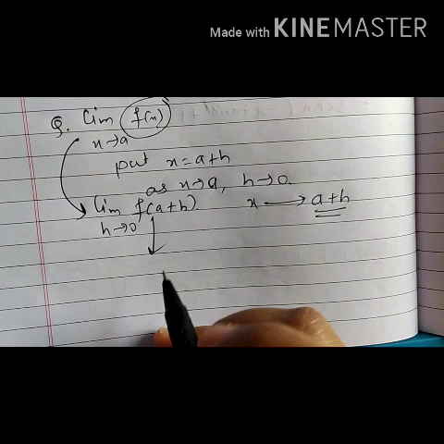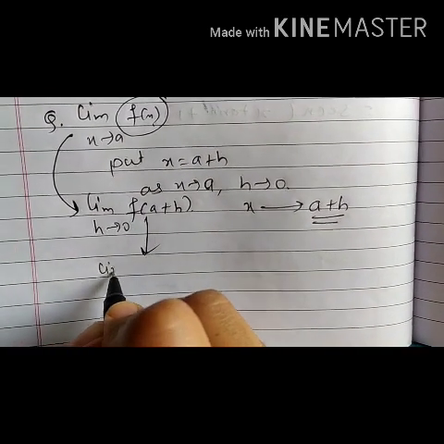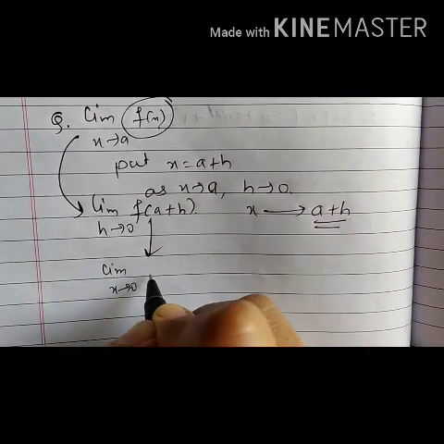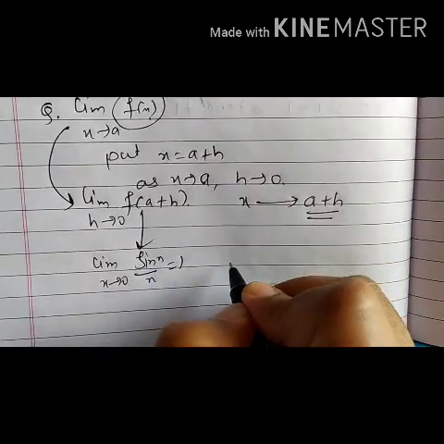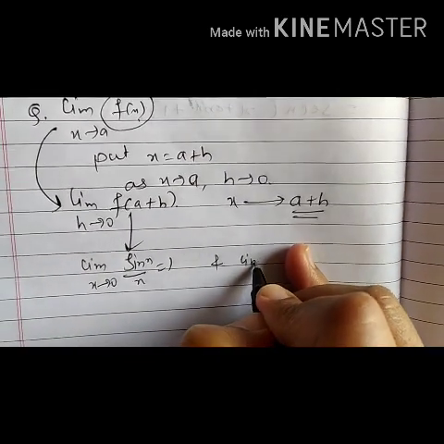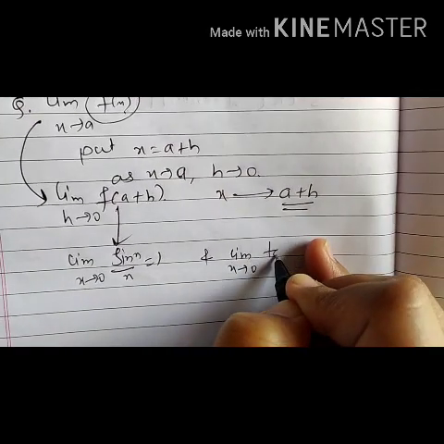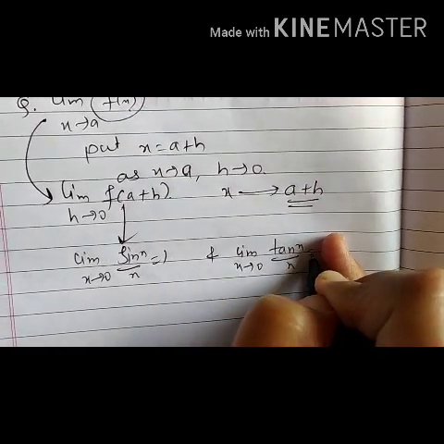Now the small change here. We know that limit as x tends to 0 of sine x upon x equals 1, and limit as x tends to 0 of tan of x upon x is also 1.